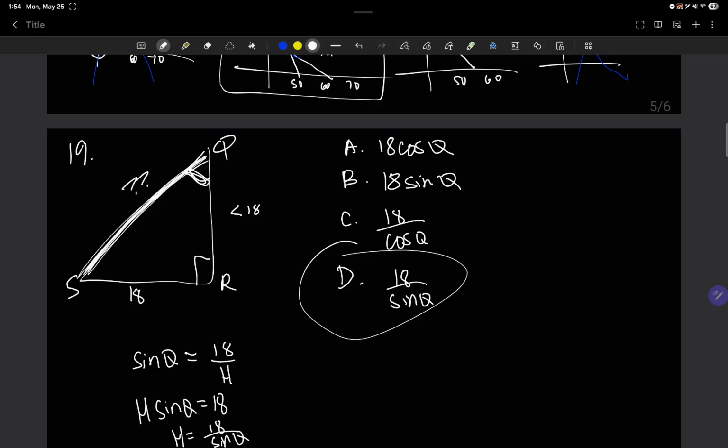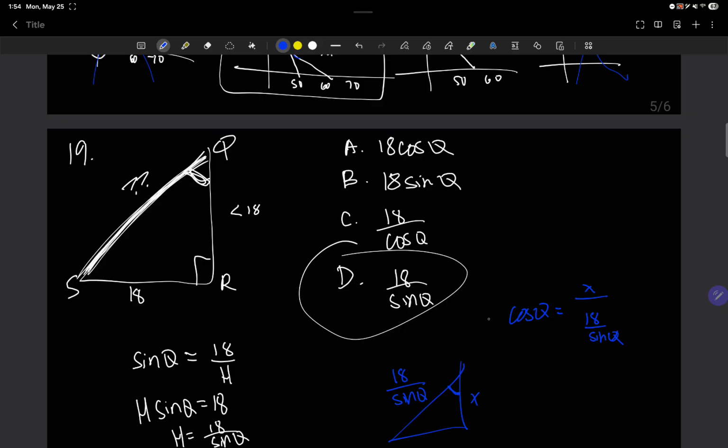We know what the hypotenuse is now. Can we go the opposite way and find this one? So you still do cosine. So cosine of Q is x over that. Will it give us another answer choice? I don't know. Oh, well, 18 is sine of Q times cosine of Q. Oh, never mind, I was looking at it wrong.